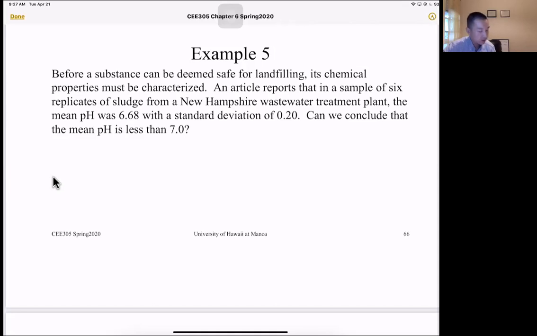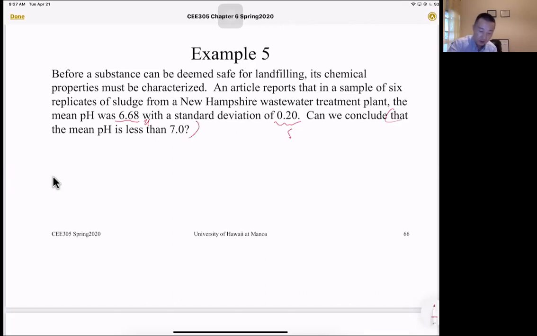An article reports that in a sample of 6 replicates of sludge from a wastewater treatment plant, the mean pH value was 6.68 with a standard deviation of 0.2. So that's the sample standard deviation, and this is the sample mean. Can we conclude that the mean pH is less than 7.0?